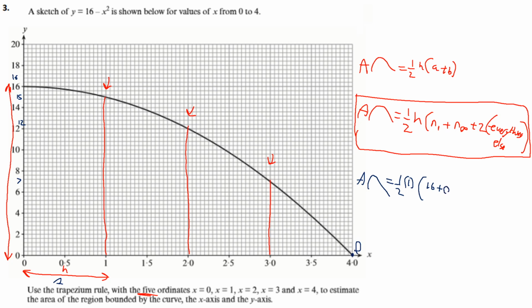So 16 plus 0 plus 2 times 15 plus 12 plus 7. Okay? And when we pop that into our calculators, we should get an answer of 39. And as you can see, we saved so much time using this formula rather than just finding out what each of these trapeziums are.